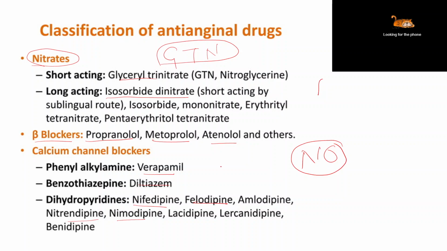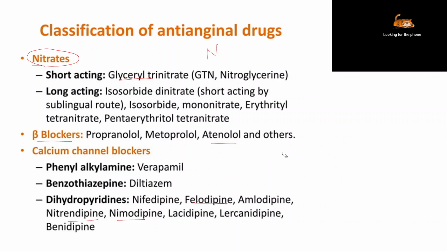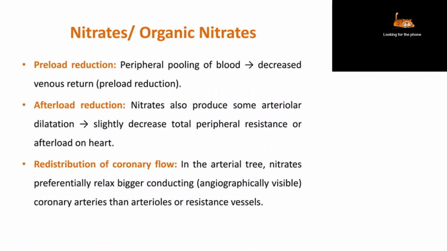These drugs are widely used for the treatment of angina. We are going to discuss that also. We have not completed nitroglycerin in antihypertensives, but for beta blockers and calcium channel blockers you can watch my previous video on antihypertensive drugs.